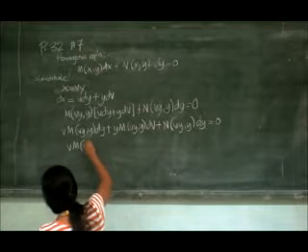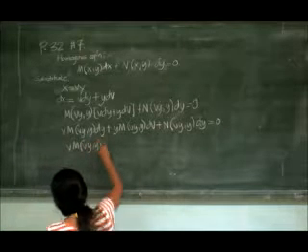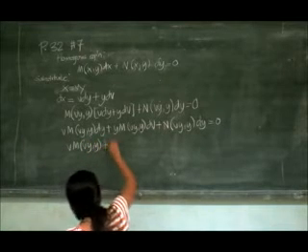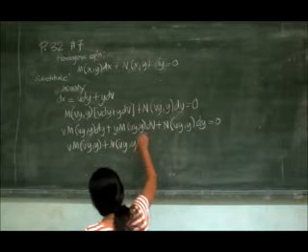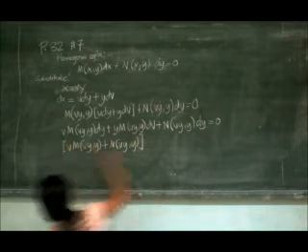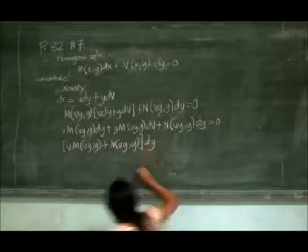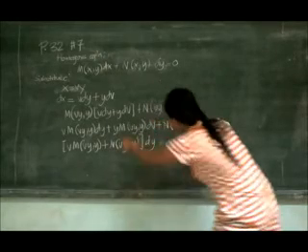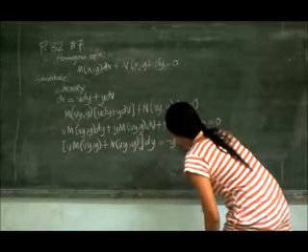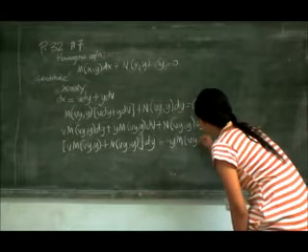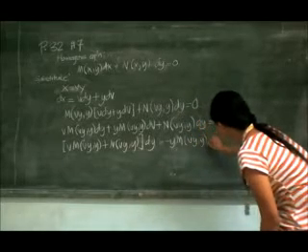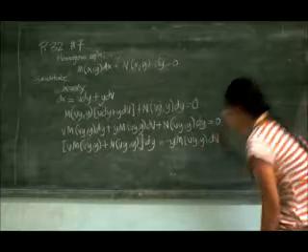dy plus N times dy, which is equal to negative y times M dv.